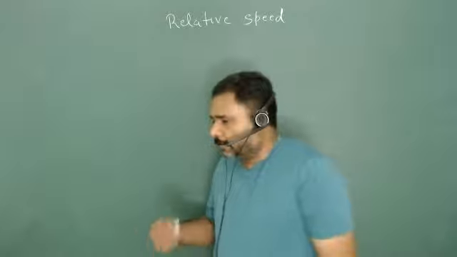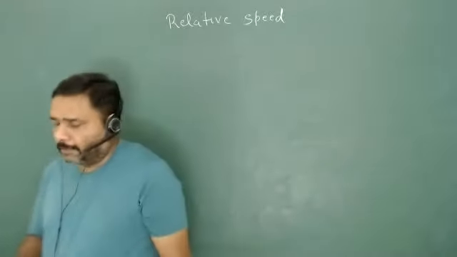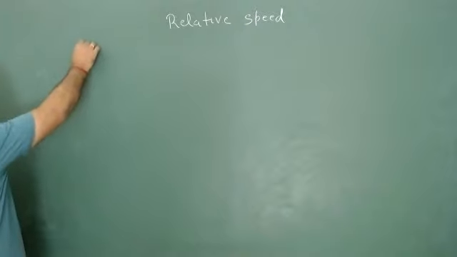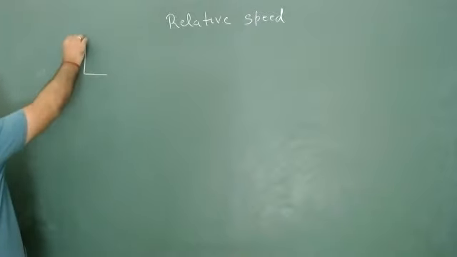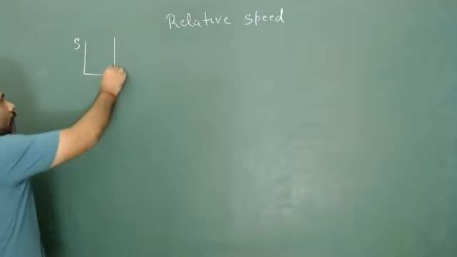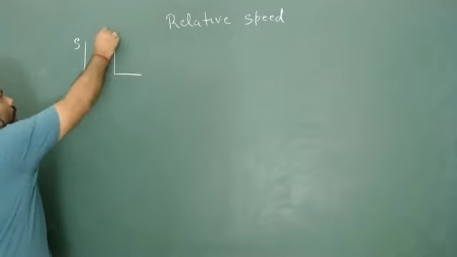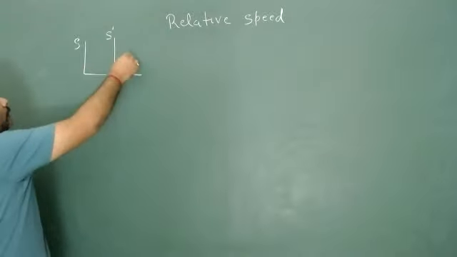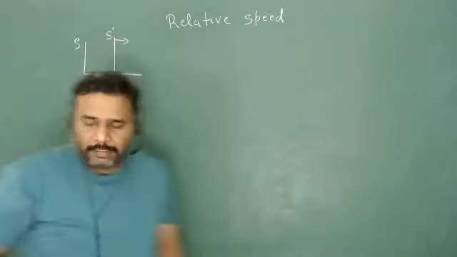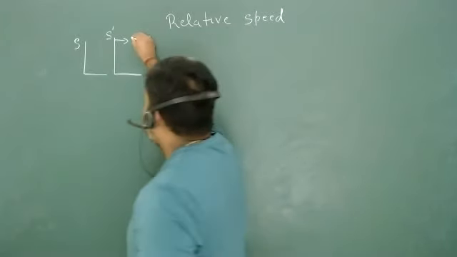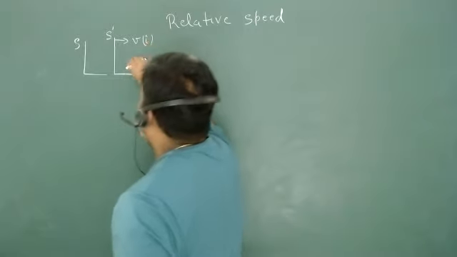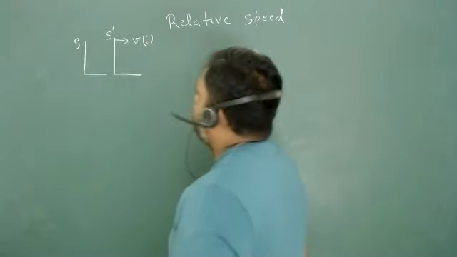Okay, so let us go for our derivation first. We have one frame, this is the S frame, an inertial frame. We have another inertial frame, this is the S dash frame. S dash is moving with respect to S with velocity v, and for convenience right now we say that it is moving in the i cap direction.